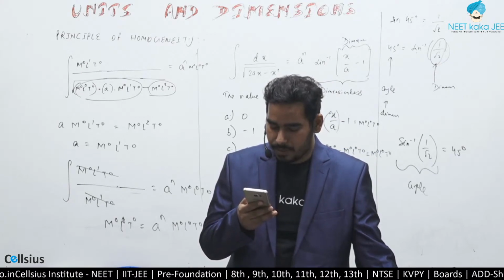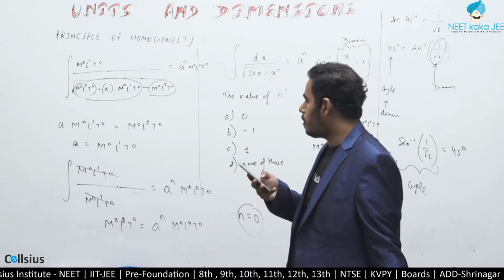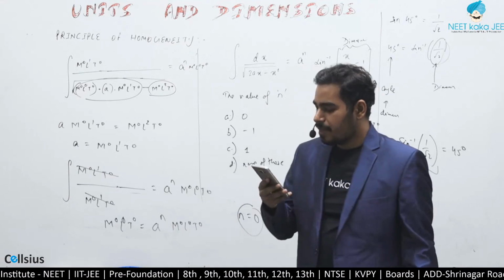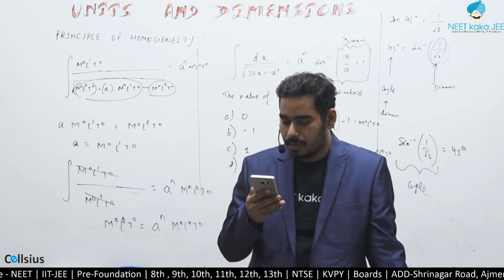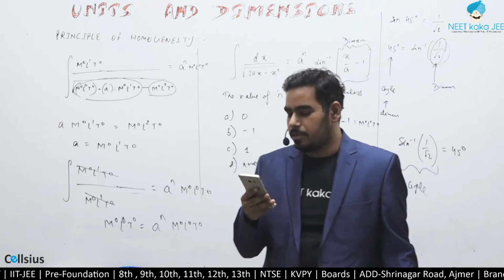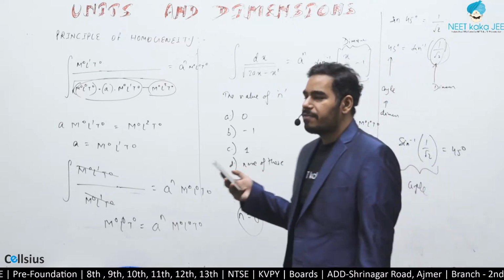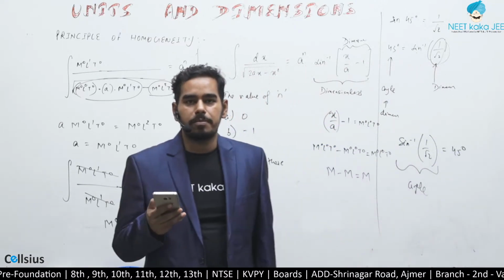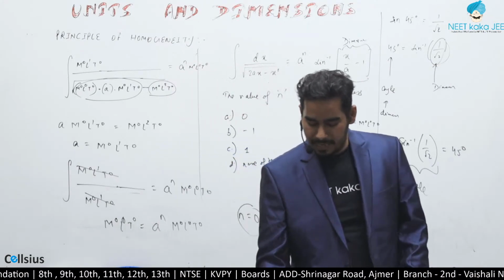Yes, the answer was 0. Suman Sharma is telling answer A is equal to 1. The answer was for n, and you can see over here that the answer is 0. Shalu Gupta said the answer is 0. Very good. And everybody is telling, okay, so answer is 0. You all got how the answer came out to be 0. So this was a very easy question. It is based upon the principle of homogeneity. Okay, and you can see that it's very easy.